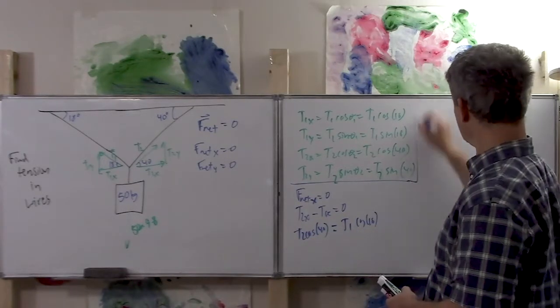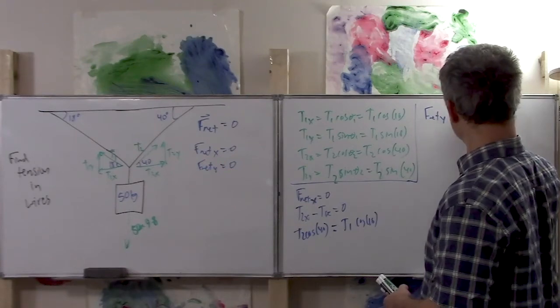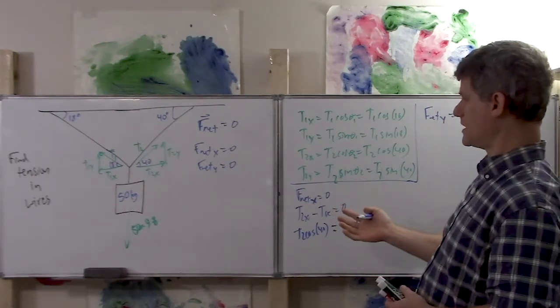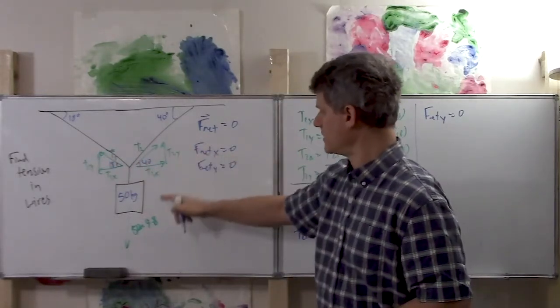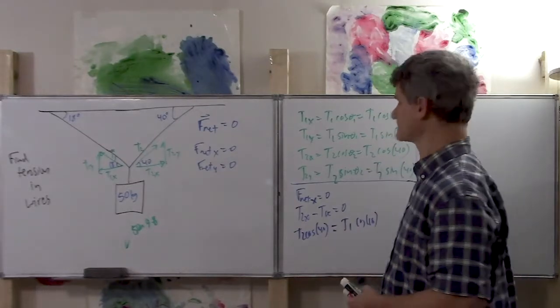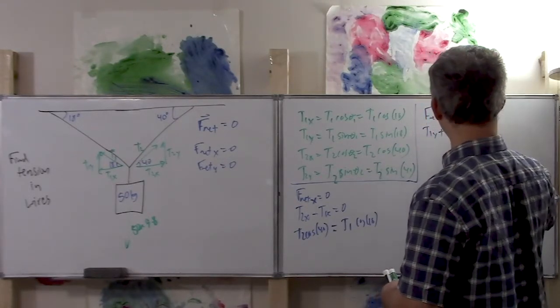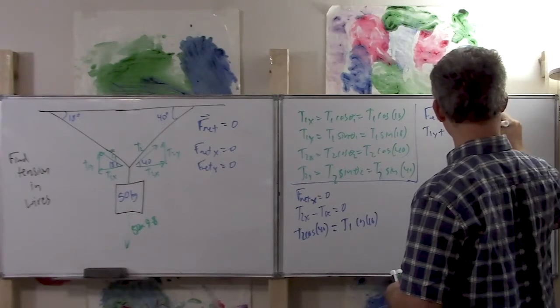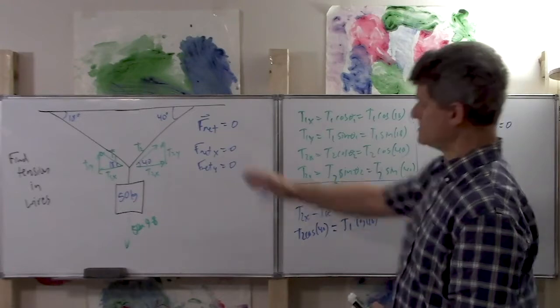Now the next equation up here is F net y equals 0. So what are the forces in the y direction? We have T1y going up, T2y going up, and 50 times 9.8 going down. So T1y plus T2y minus 50 times 9.8. If it's going down, it's negative.